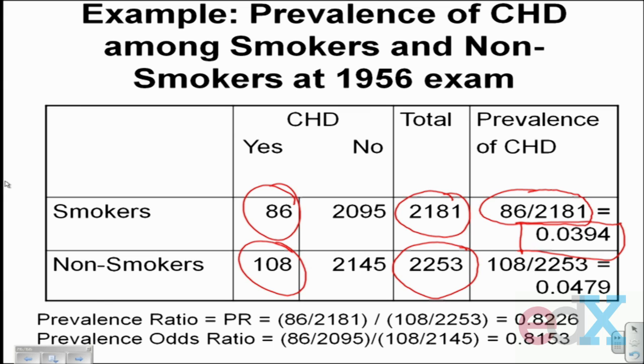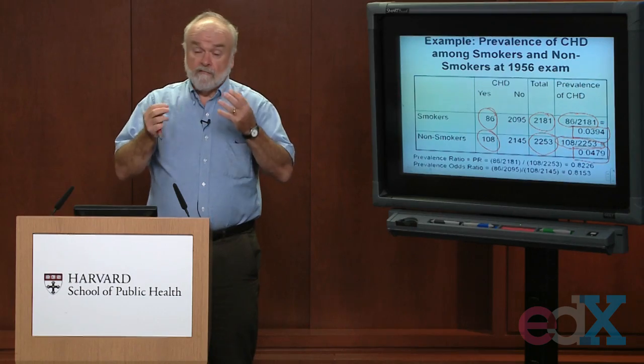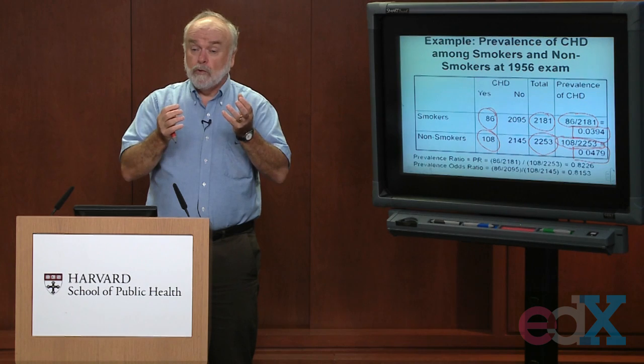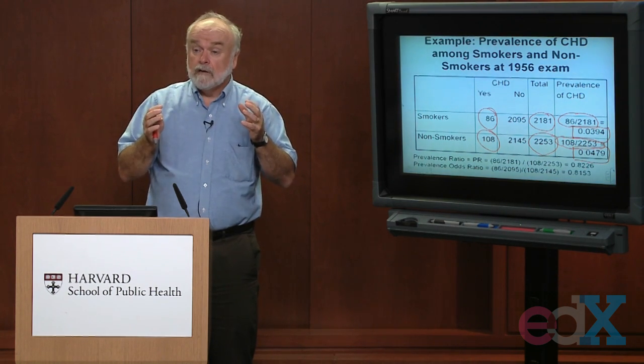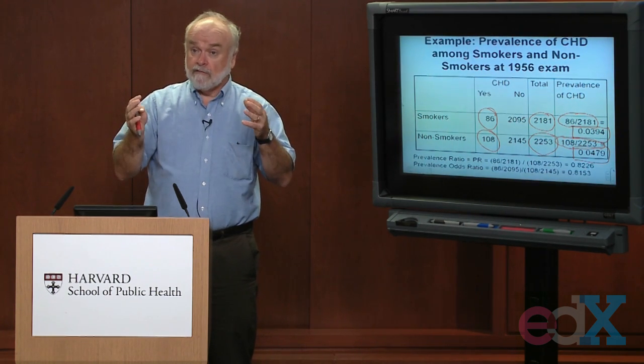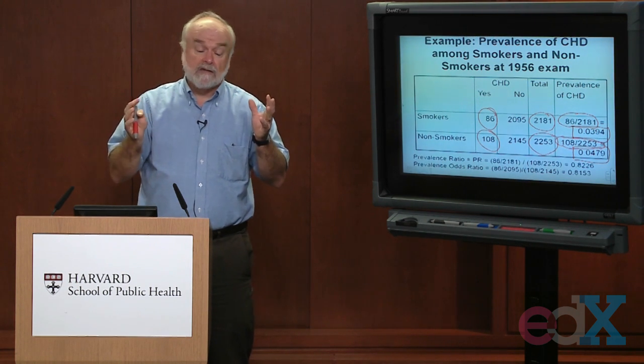Among the 2,253 non-smokers, 108 of them had coronary heart disease. Their prevalence is 108 divided by 2,253. That's a prevalence of 0.0479, about 5%. So notice the prevalence of coronary heart disease is lower among the smokers than it is among the non-smokers. From these two prevalence measures, we can measure an association between smoking and the existence of coronary heart disease at the 1956 exam.